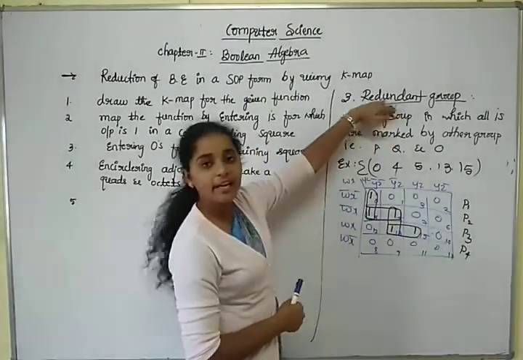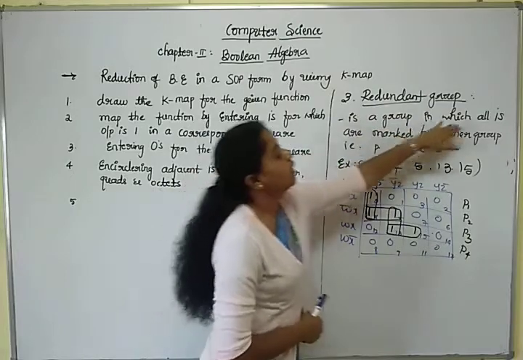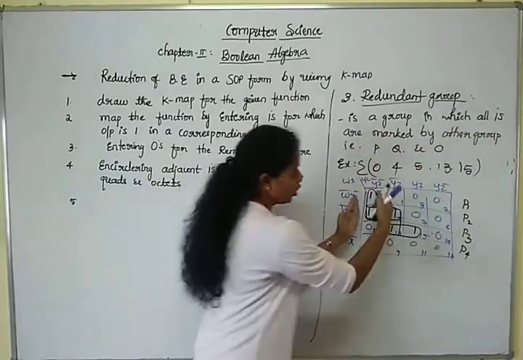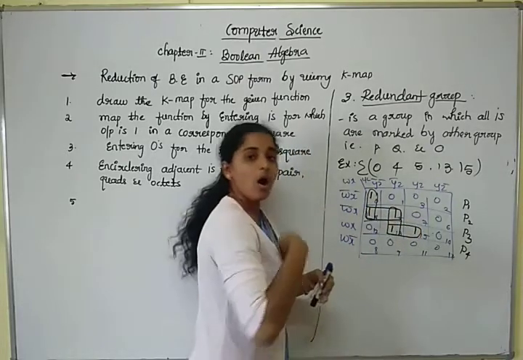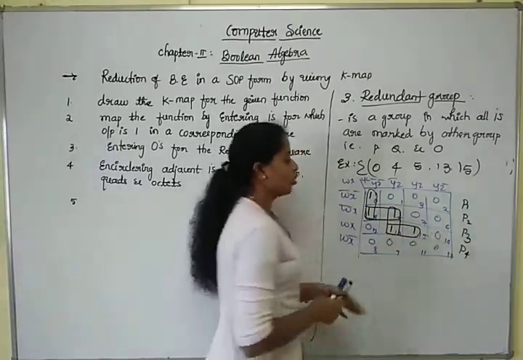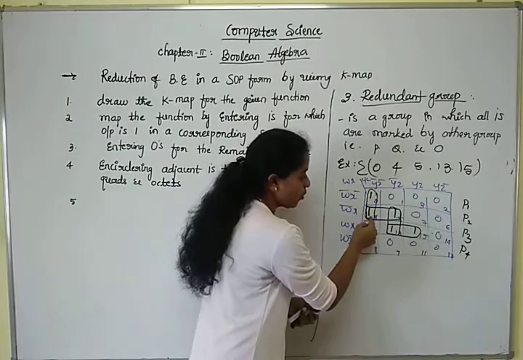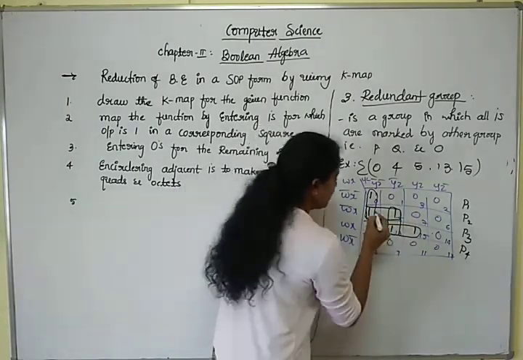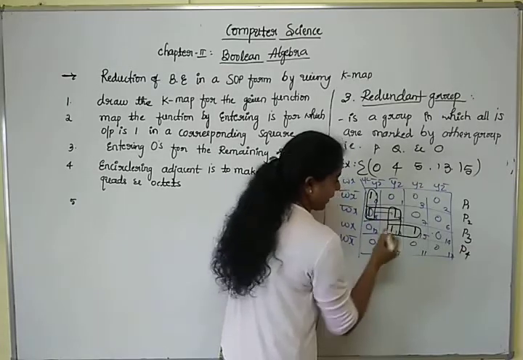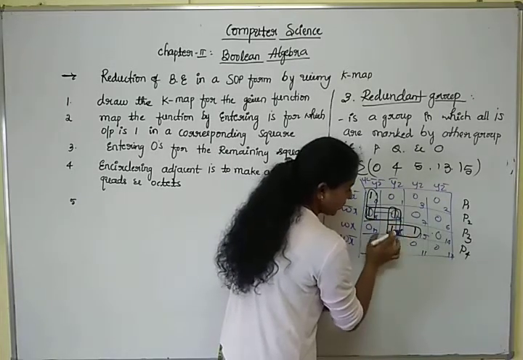Here the redundant group is a group in which all the ones are encircled or overlapped with another group. That is, here this one is overlapped with this pair, and this one is overlapped with this pair, and this one is overlapped with this pair.